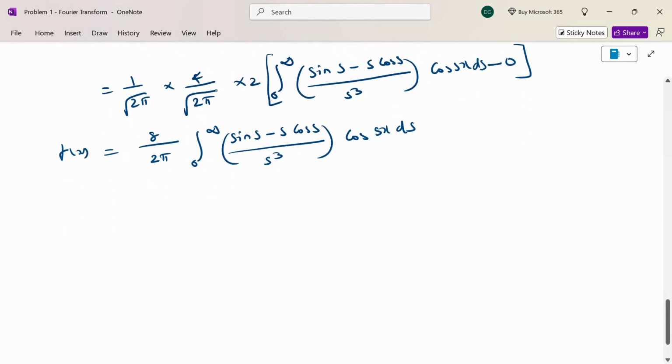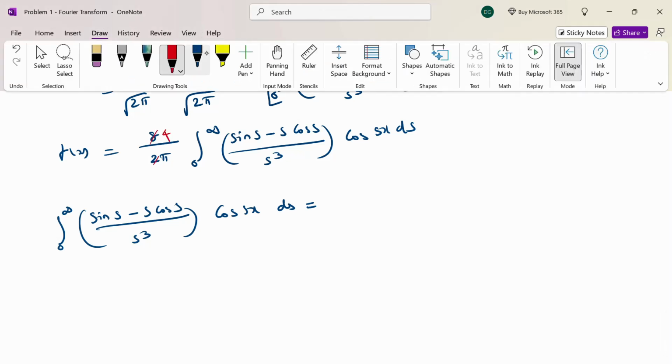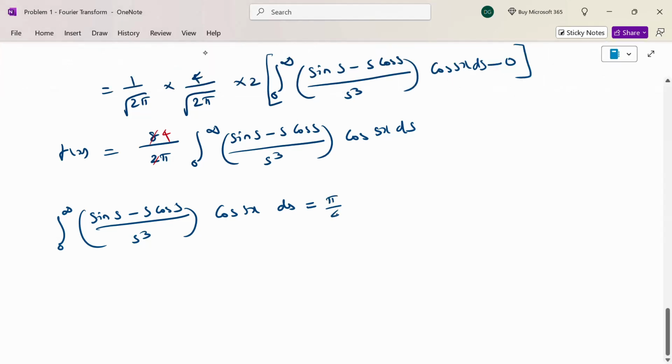Now I keep this right hand side value on one side: the integral from 0 to infinity of sin s minus s cos s by s cube into cos sx ds equals, cancelling this 4 by pi, taking it to the right hand side, the left hand side value is pi by 4 times f of x.